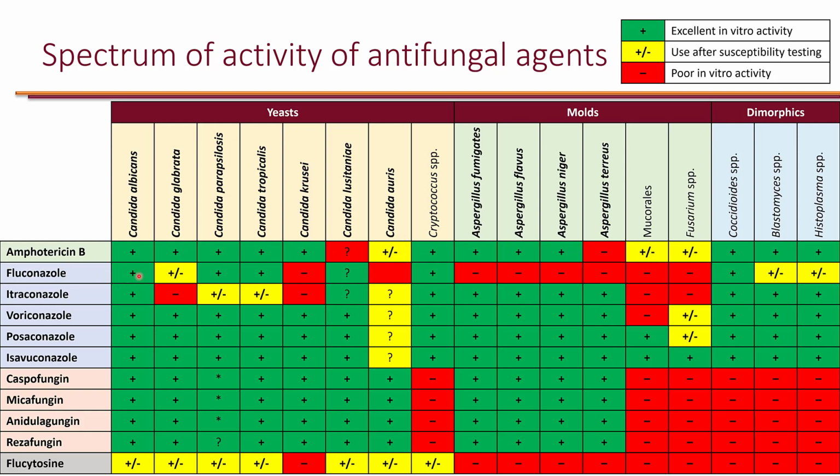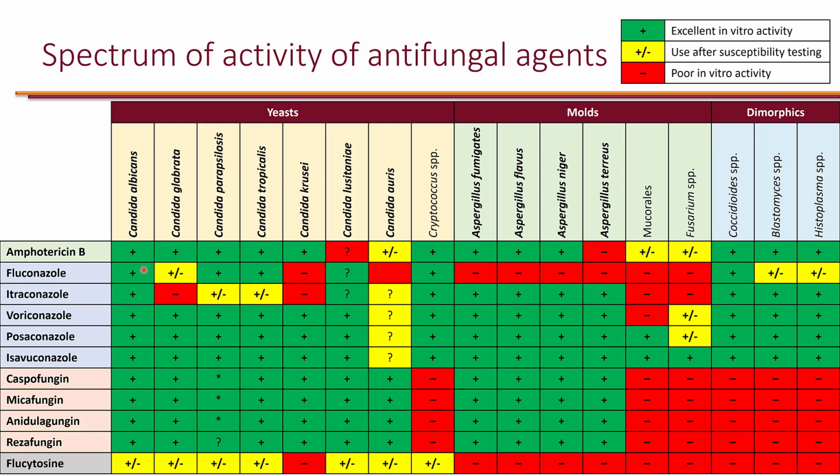Now, for fluconazole, pretty much good activity for Candida albicans, but MICs are much higher for glabrata, so susceptibility must be checked, and in fact, fluconazole might have to be given at higher doses depending on the MIC of glabrata, if it's susceptible dose dependent. And then there is just no activity against krusei, and of course auris is pretty much resistant to fluconazole.